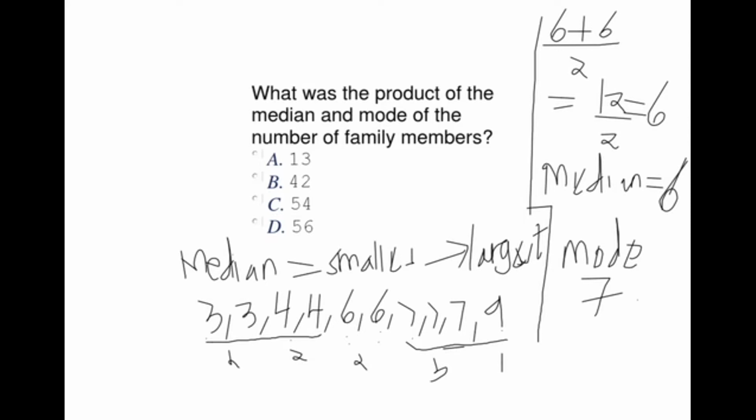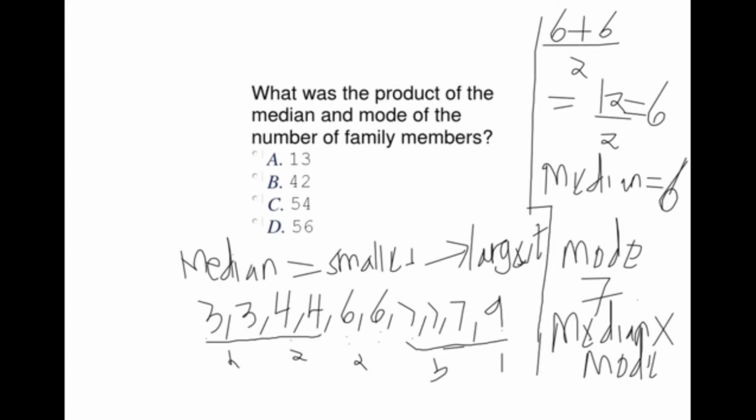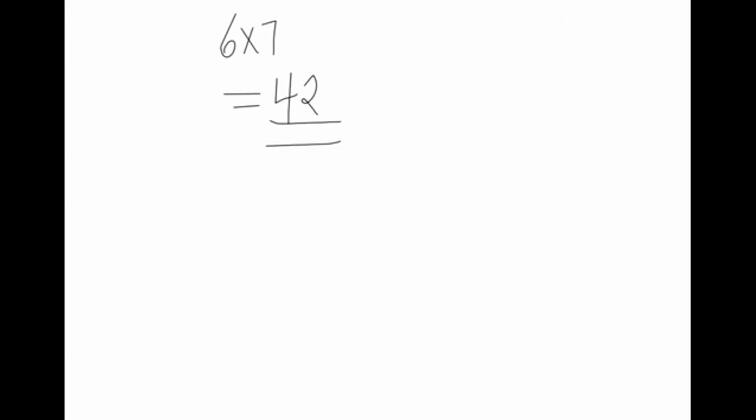It has appeared 3 times, more than the others. So we have the product of median multiplied by mode. We have 6 times 7, which is 42. So the product of median and mode gives us 42.